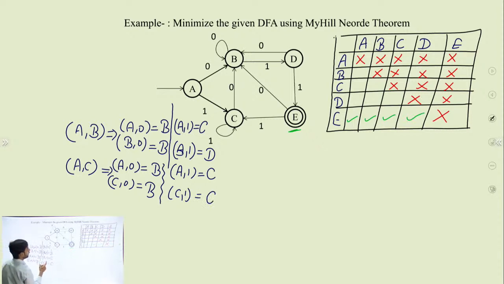The next unmarked pair is AD. A on 0, D on 0.